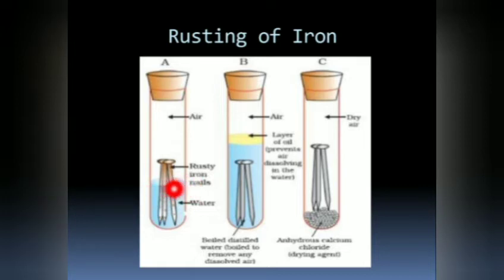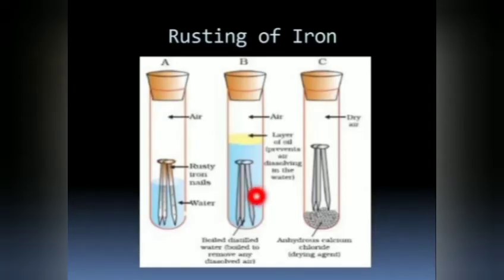Here you can see there is water and also air in test tube A. In test tube B, it has water and also air, and we have a layer of oil above the water surface. This oil prevents the movement of air into the water. This is like one barrier.